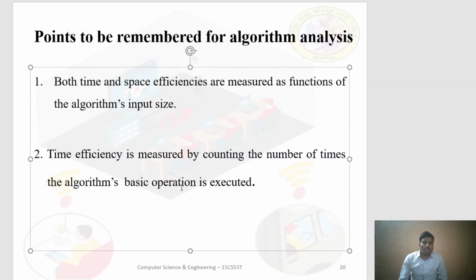And time efficiency is measured by counting the number of times the algorithm's basic operation is executed. So ಯಾವುದೇ ಒಂದು algorithm ಇದೆ ಅಂತಂದ್ರೆ ಆ algorithmನ basic operation ಅನ್ನು ಎಷ್ಟು ಟೈಮ್ಸ್ ಎಕ್ಸಿಕ್ಯೂಟ್ ಆಗಿದೆ ಅಂತ ಅನ್ನೋದನ್ನ ನಾವು ಕನ್ಸಿಡರ್ ಮಾಡಬೇಕಾಗುತ್ತೆ. ಇದರ ಬಗ್ಗೆ ಡೀಟೇಲ್ ಆಗಿ ನಾವು ಸೆಕೆಂಡ್ ಸೆಷನ್ ಅಲ್ಲಿ ಡಿಸ್ಕಸ್ ಮಾಡಿದ್ವಿ.